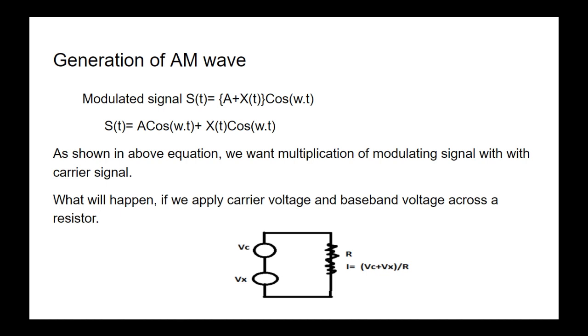Before going further, what will happen if we apply carrier voltage and base voltage across a resistor? We will get either the sum or the subtraction of the carrier voltage and the modulating signal voltage, divided by the resistance, in the output current.